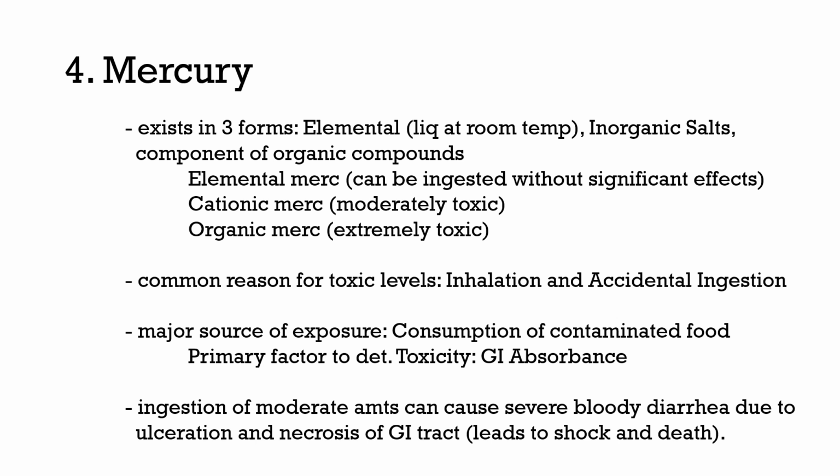The common reason for toxic levels is because of inhalation and accidental ingestion. And the major source of exposure is consumption of contaminated food. Primary factor to determine toxicity is the gastrointestinal absorbance. Ingestion of moderate amounts can cause severe bloody diarrhea due to ulceration and necrosis of the gastrointestinal tract, which would lead to shock and death.